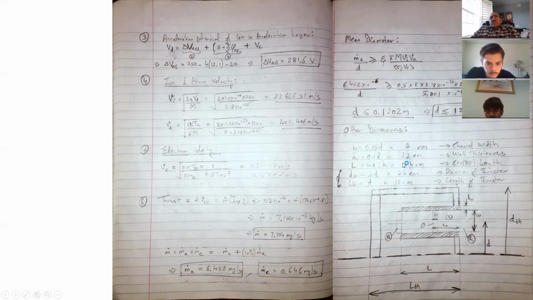In order to explain this, I'd like you to look at the picture on the right. The bottom line is the center line of the ion thruster, and as you can see, there is a channel. The hashed lines are the dielectric walls, and this shows just one half of the ion thruster.